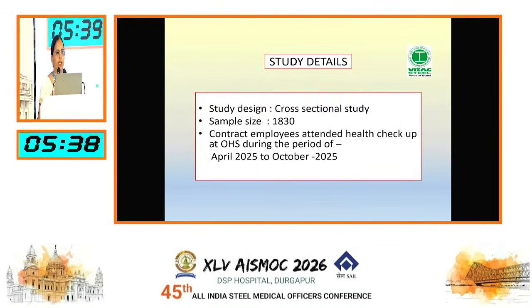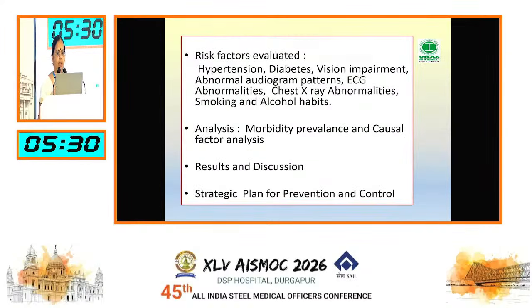The sample size is 1830 contract employees who attended health checkup at OHS during the period of April 2025 to October 2025. Risk factors evaluated: hypertension, diabetes, vision impairment, abnormalities in audiogram, ECG and chest X-ray, smoking and alcohol habits, morbidity prevalence and causal factor analysis, and strategic plan for prevention and control.